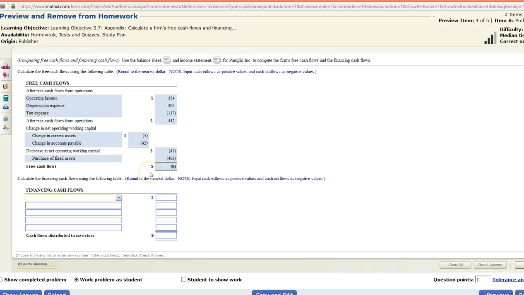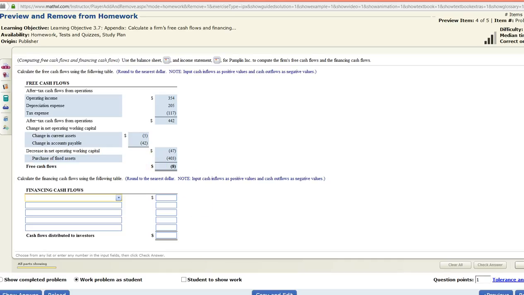Okay, continue, because we also need to get the financing cash flows. So we just need to get the financing cash flows to creditors and the financing cash flows to shareholders. For creditors, we further have the interest expense, the change in notes payable, and the change in long-term debt.